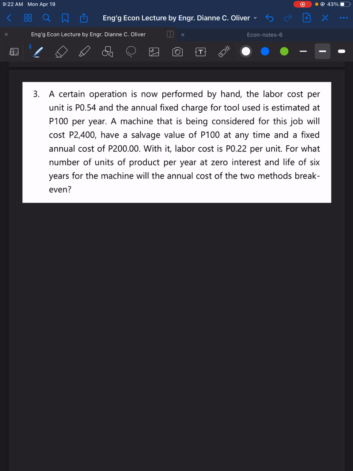A machine that is being considered for this job will cost 2,400 pesos, having a salvage value of 100 pesos at any time and a fixed annual cost of 200 pesos. With it, labor cost is 22 cents per unit. For what number of units of product per year, at zero interest and a life of 6 years for the machine, will the annual cost of the two methods break even?